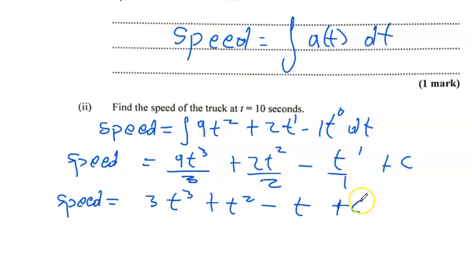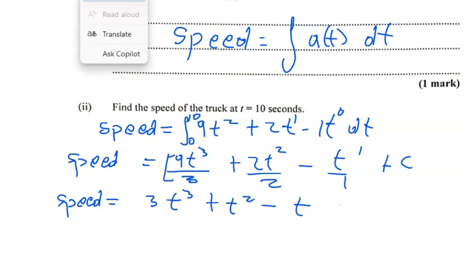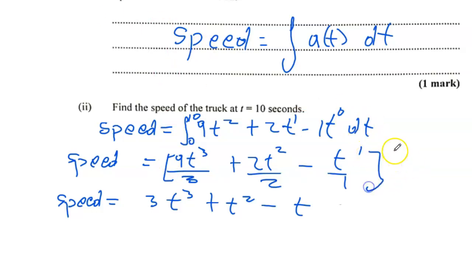Well, we will need a constant at t equal to 10 seconds. So we assume the limits will be 10 and 0, right? So we're integrating using the limits 0 to 10 seconds.